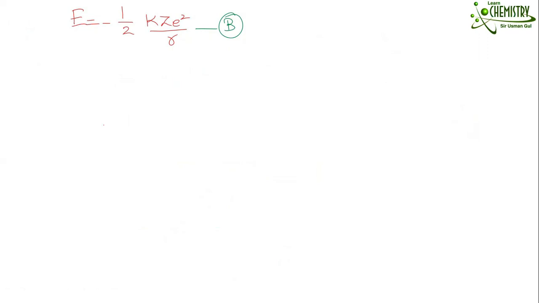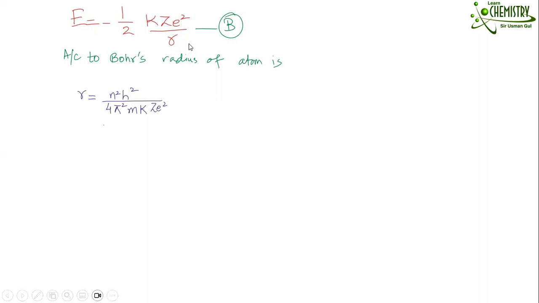Now here I will put another expression for the radius r. If you do remember, according to Bohr, the radius of the atom is r equals n square h square upon 4 pi square m kz square. So what I will do is put this formula in the above equation. First I will make a simple change in equation B before putting in the value.